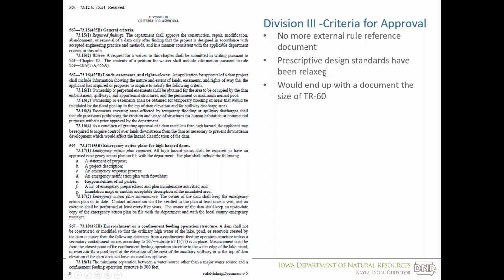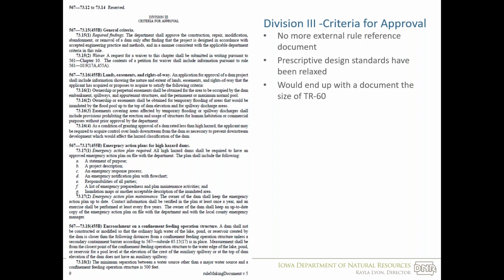We've decided to relax the prescriptive design standards, because the way it was written, we had really specific guidelines for things like pipe type, pipe size, design storms, and structural calculations. We had no geotechnical requirements, except for side slopes and top widths.